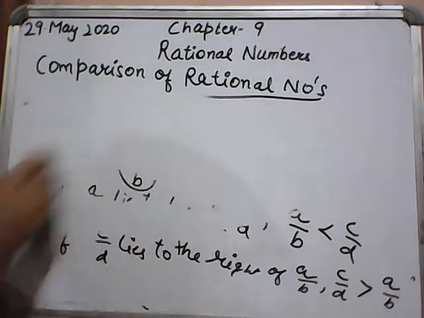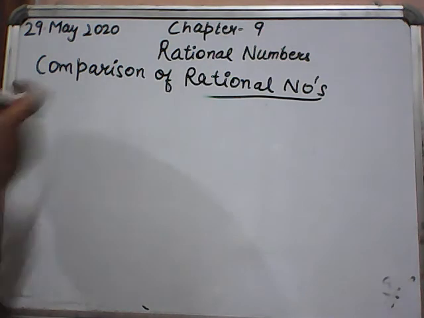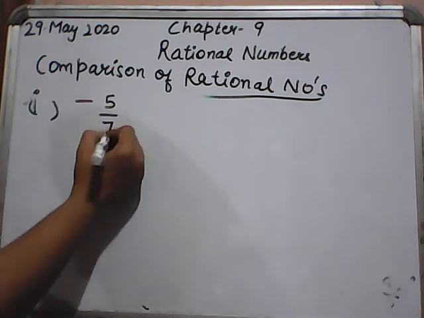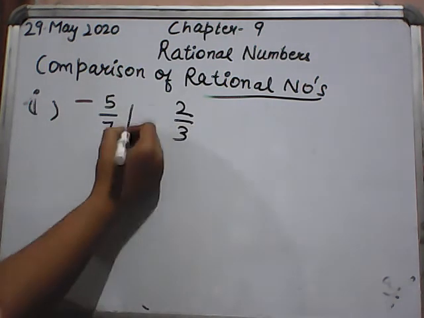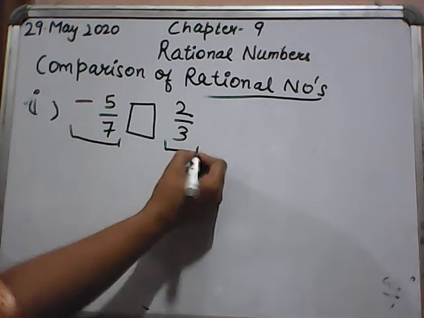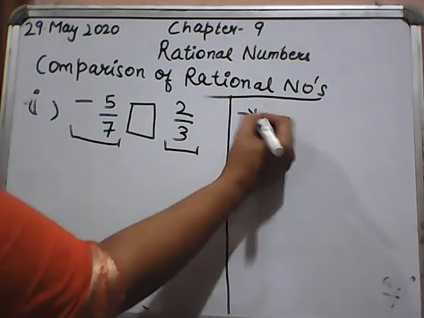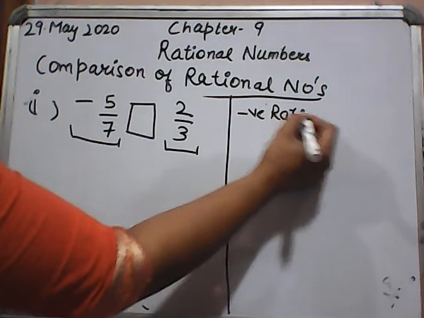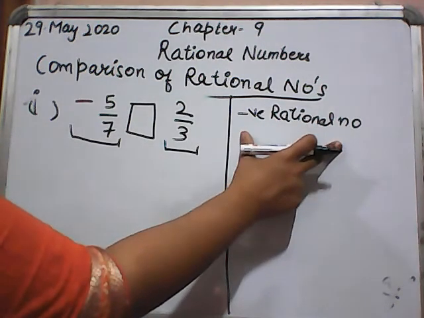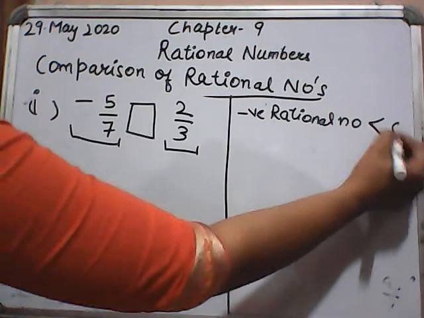Let's take some examples. Suppose we want to compare minus 5 by 7 and 2 by 3. It is a negative rational number and it is a positive rational number. We have some rules. A negative rational number lies to the left side of 0, which means a negative rational number is always less than 0.